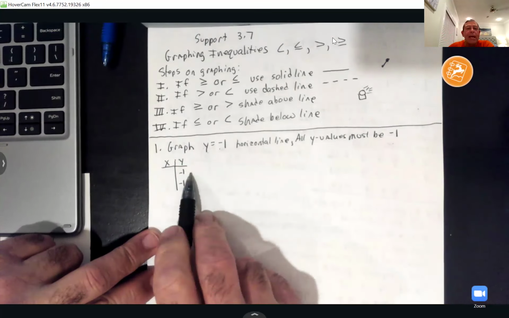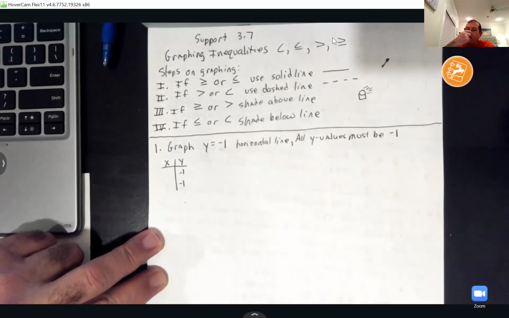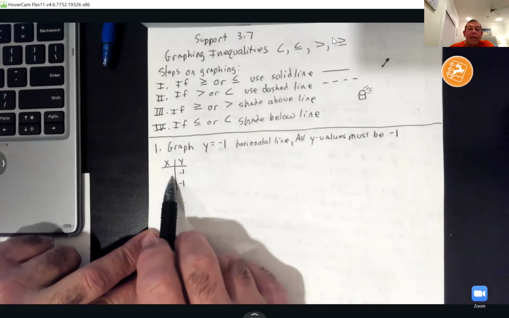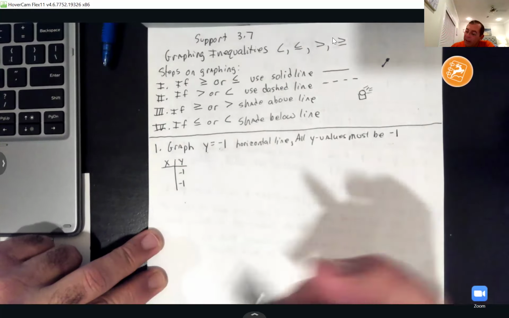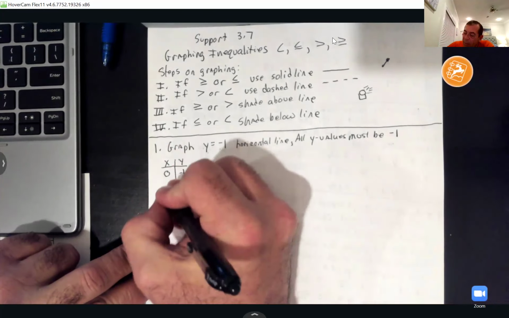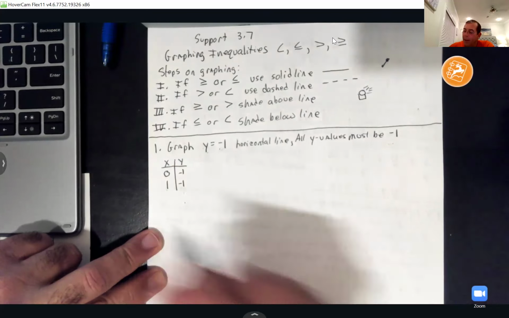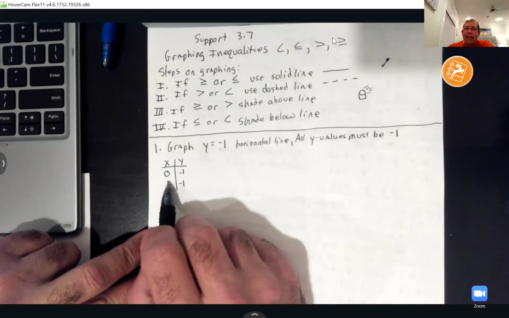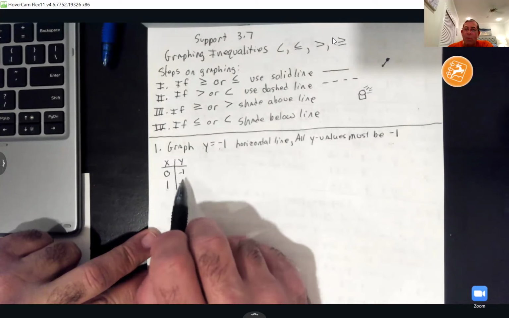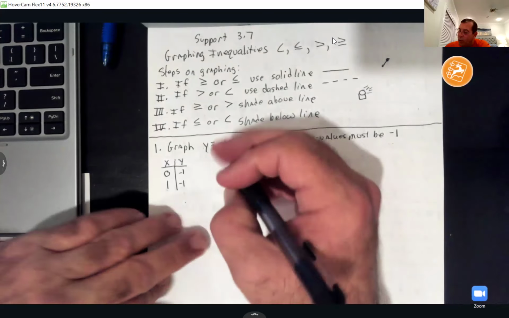So you've got to put a -1 for both of the y values. Now, I can pick any numbers I want for the x's. So for me, I'm going to keep them small and use a 0 and a 1. It doesn't matter what x's you pick, like I said, but remember, every y value has to be -1.